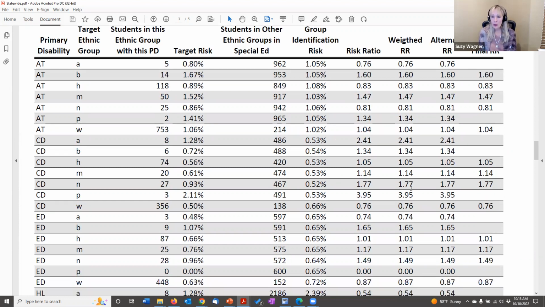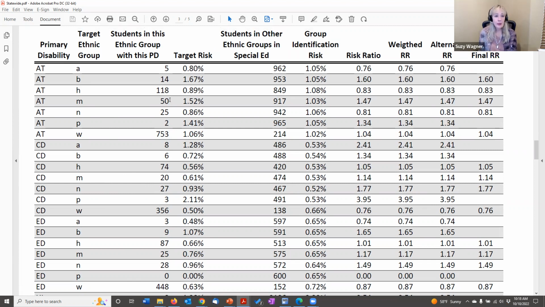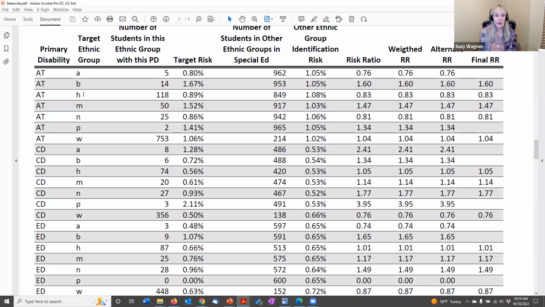And let me just give you one more example because I know this can be real confusing. So let's look at, okay, how about Hispanic students with autism up here? What this tells me is that there were 118 Hispanic students with autism, and that represents 0.89% of all Hispanic students enrolled in districts across the state.